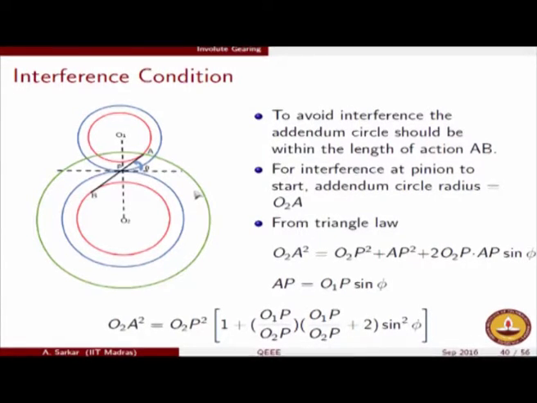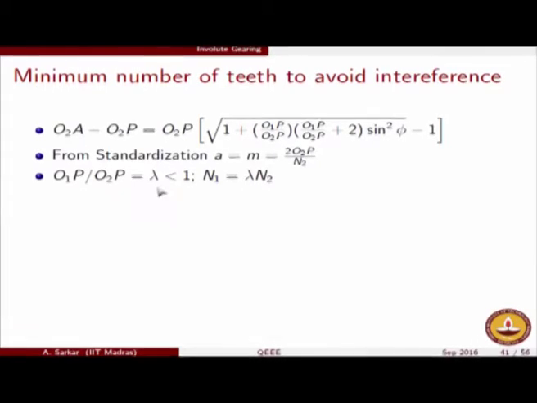Then when it becomes a rack, the lambda that we have designated, which is the radius of the pinion divided by the radius of the wheel, will go to 0, because the radius of the wheel is going to infinity.